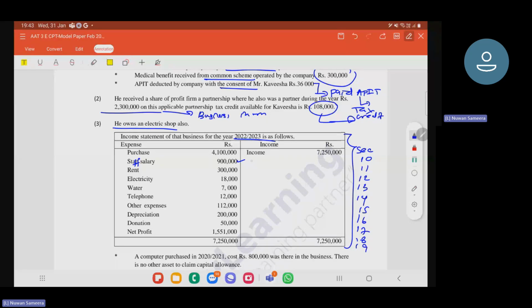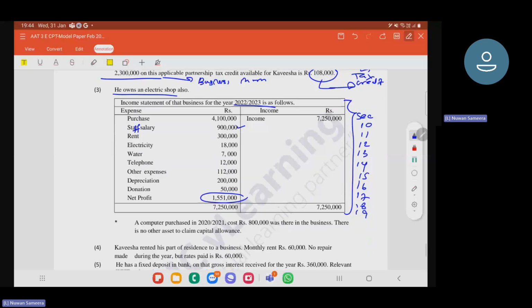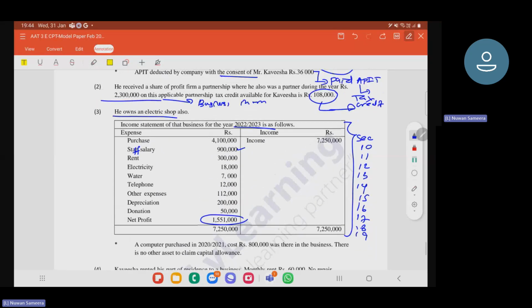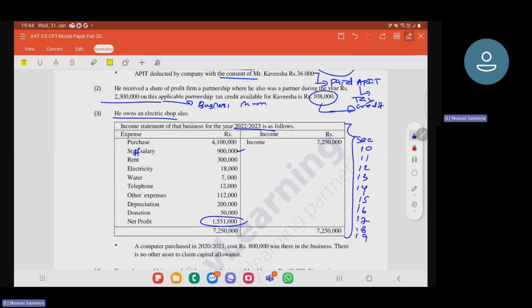In this case, you can see the staff salary is already deducted when you calculate this net profit. These are the expenses deducted. So any expense disallowed as per the taxation, you have to add back. So you can see the rent; we'll see the application of the rent. Then electricity, water, telephone, other expenses, depreciation, donation, net profit.